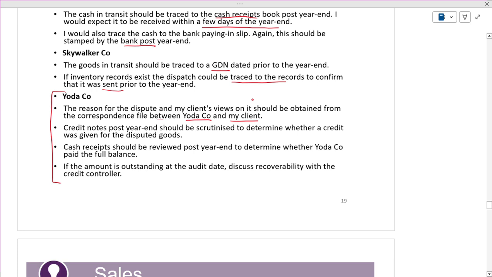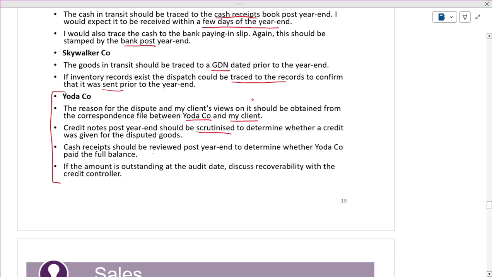When there is a dispute, credit notes post year end should be scrutinized, to see whether we have issued any credit notes or whether a credit note was given for the goods.